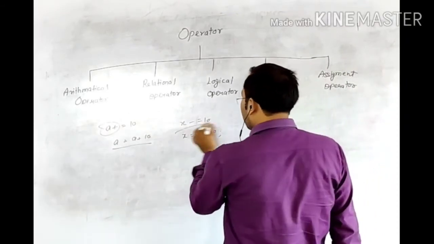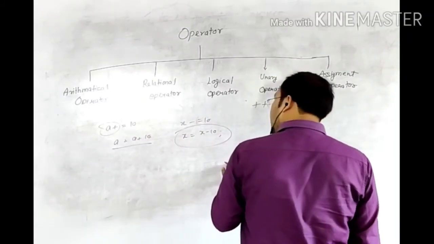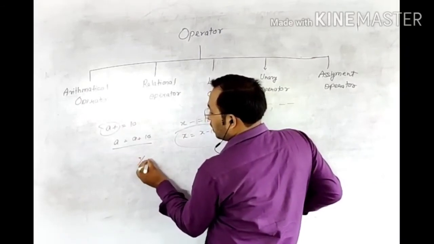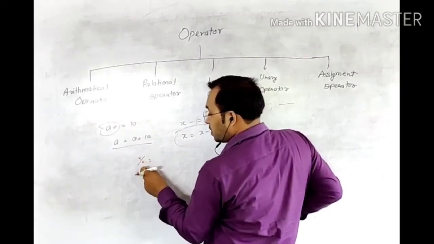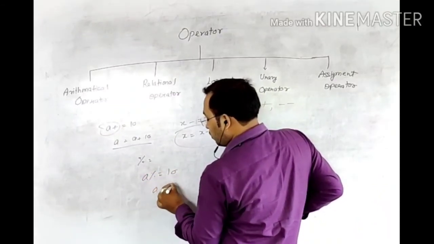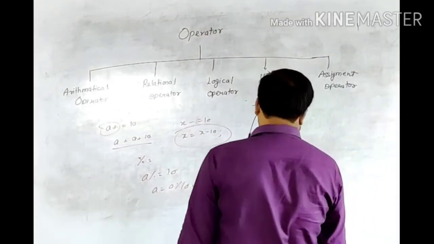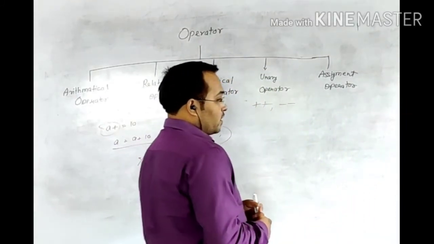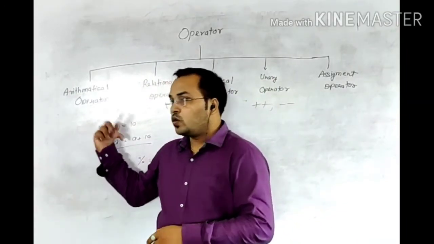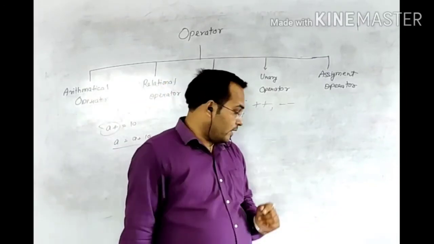So these short forms, whatever we are using in our questions, are known as assignment operators. We can write here percentage equals to, then a percentage equals to 10. These tables are also given in your books. You can go through the book and check what is written.